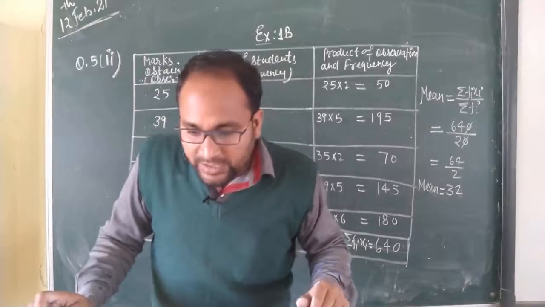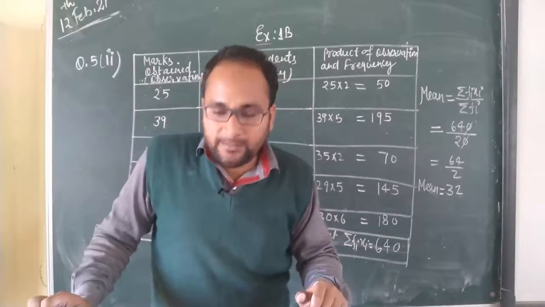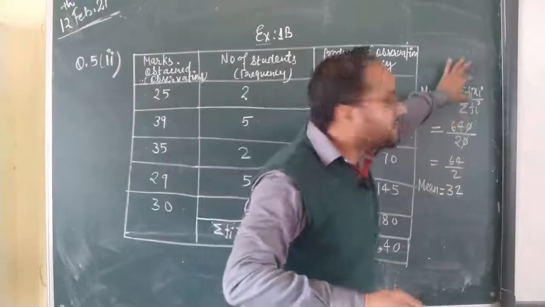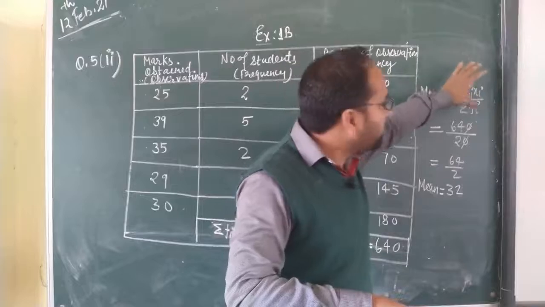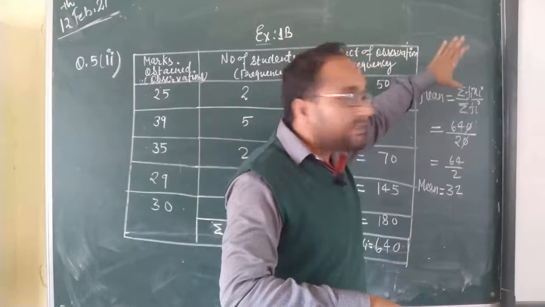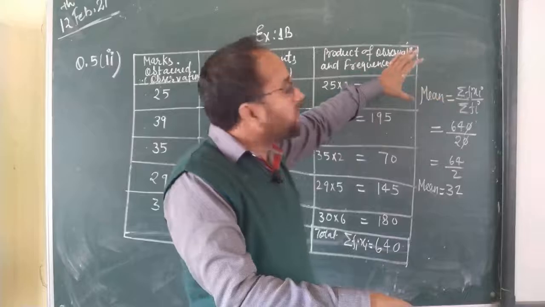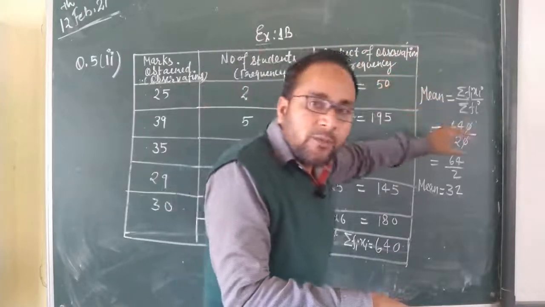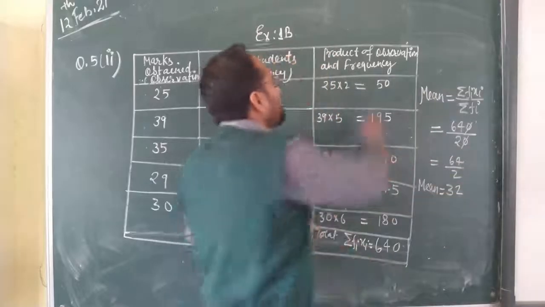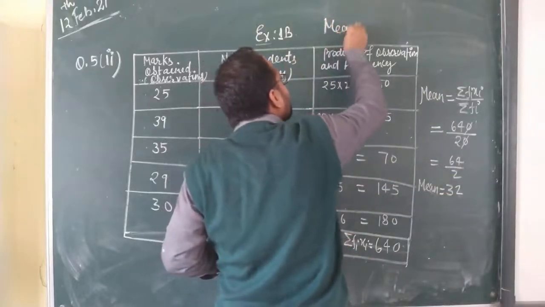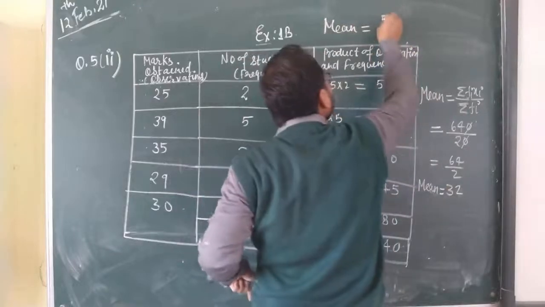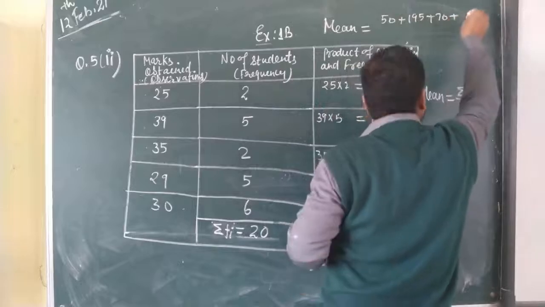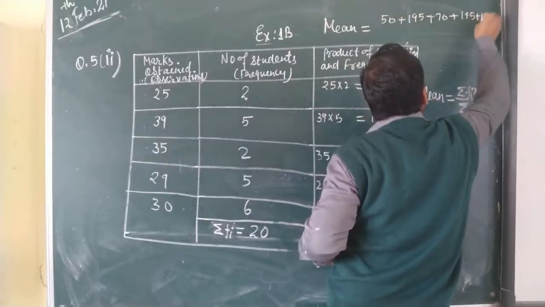Okay, now question number 6, first part. See this one, question number 6, first one. This is a summation, we use it here. If you want, you can write mean is equal to the sum of the product of the observation and frequency upon the sum of all the frequencies. If you have a confusion, then you will write mean is equal to add all that: 50 plus 195 plus 70 plus 145 plus 180, students.